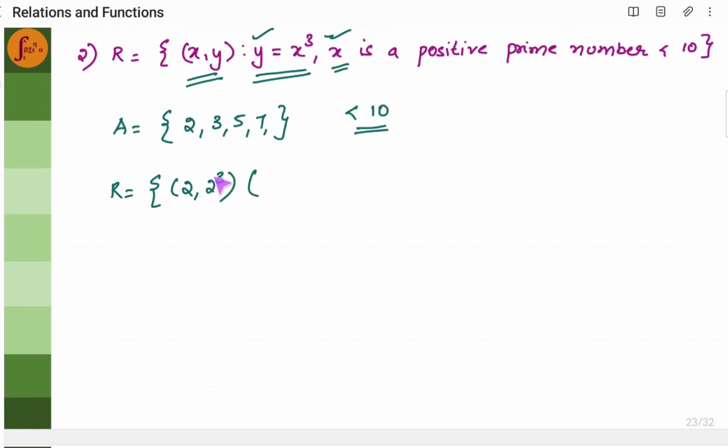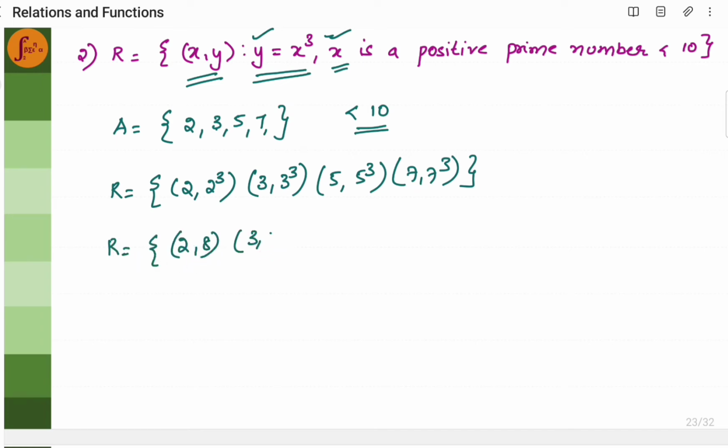Similarly, for 3, the second element is 3 cube. Then 5, which gives 5 cube, then 7, which gives 7 cube. This is relation R. This is nothing but (2, 8), (3, 27), (5, 125), (7, 343).